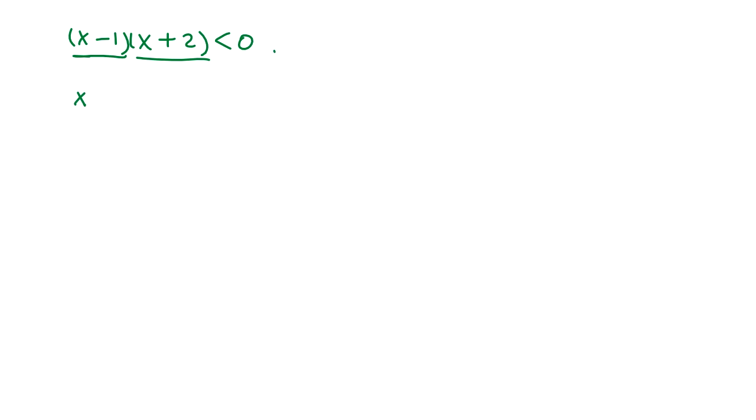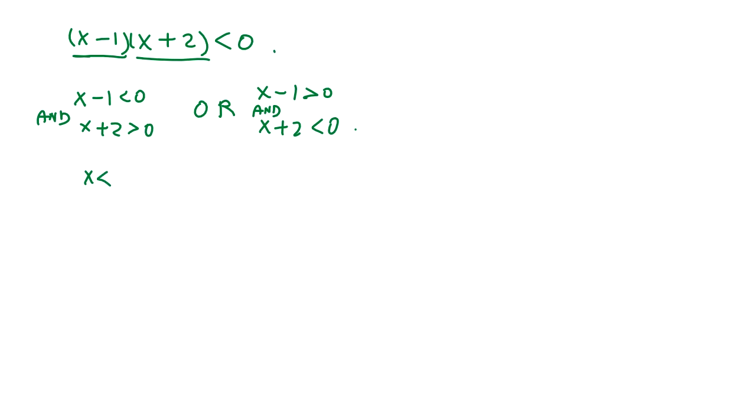So we have negative and positive, or x minus 1 positive and x plus 2 negative. Now this means x is smaller than 1 and x is larger than negative 2.